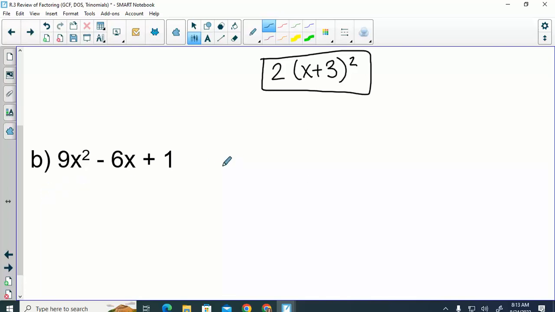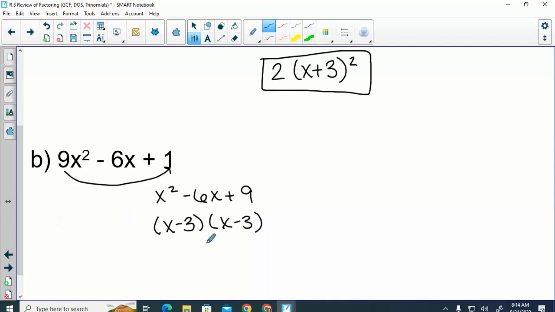When I look at this one, no greatest common factor this time, so we do the slip and slide. We have x squared minus 6x plus 9. Divide those by 9.